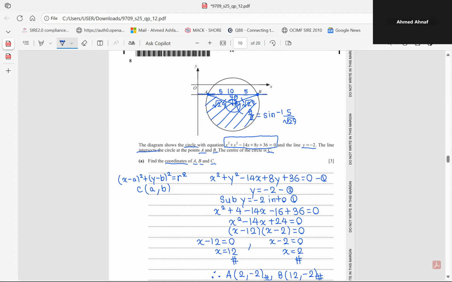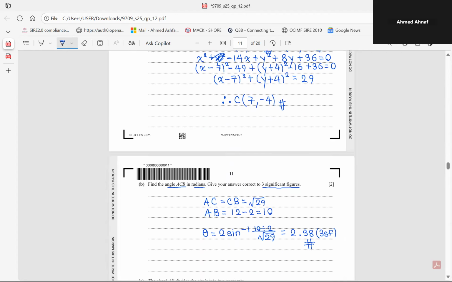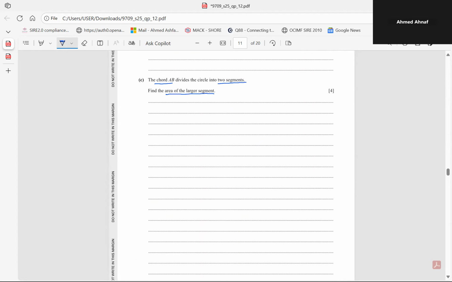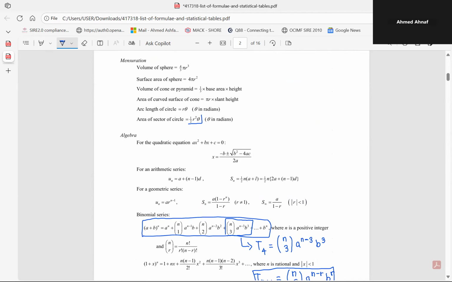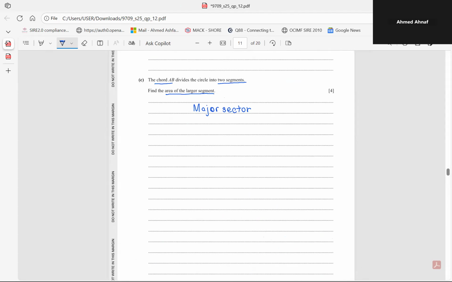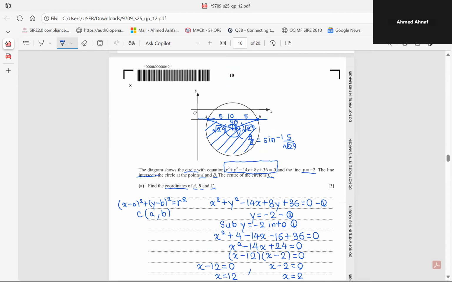So in order to find the area of that, we first have to find the area of ACB as well as the area of the major sector. Sorry. So let's do that. Major sector. We can use the formula here, half r squared theta, where theta should be in radians. So that would just be half square root 29 squared, so just 29 theta.